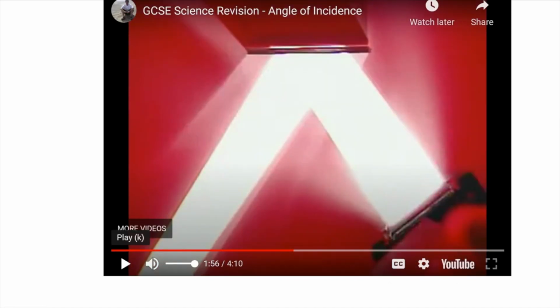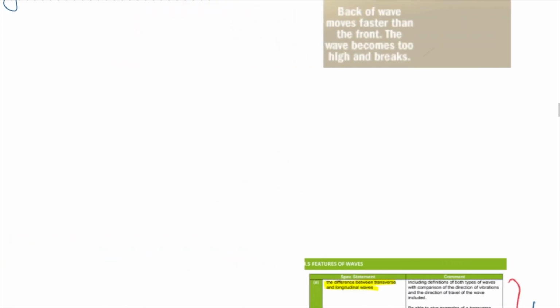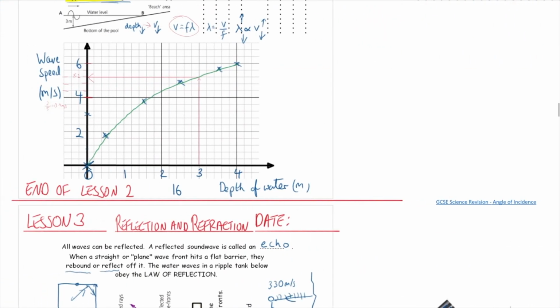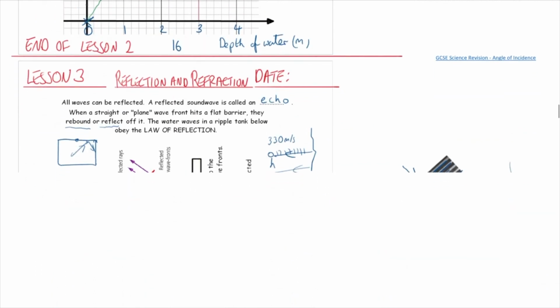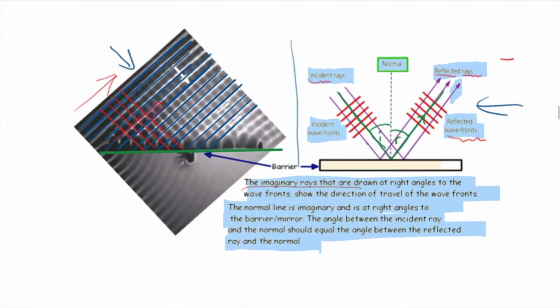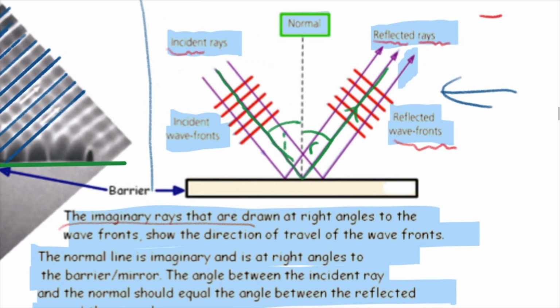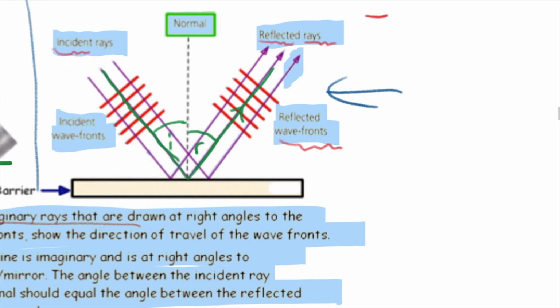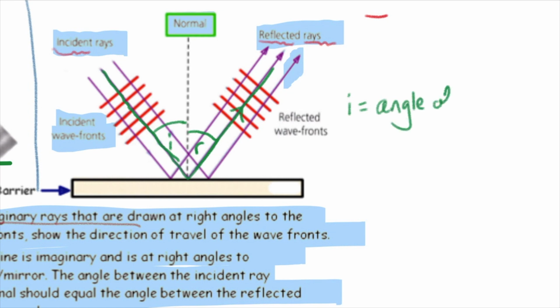Okay, now what you saw there was very similar to the diagram here in your booklet. And what I'd like you to do is draw in those two angles, I and R. I equals angle of incidence.